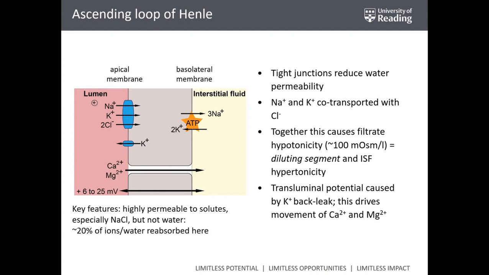The transluminal potential is caused by the back leak of potassium, which in turn drives the movement of calcium and magnesium through the tight junctions.